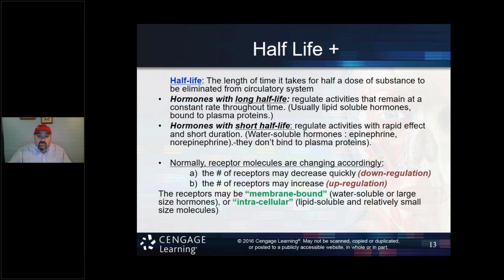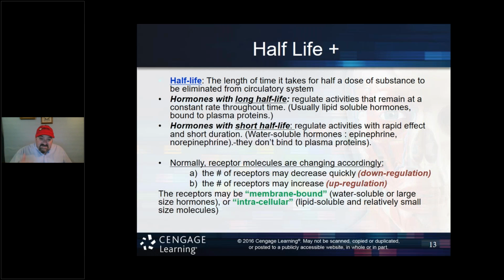Shorter half-life. You'll see here something interesting regarding down and up regulation of specific receptors for specific hormones. Normally the receptor molecules are changing accordingly. If we need more of an action as a result of a hormone being released in the body, the number of receptors can increase, which is called upregulation.